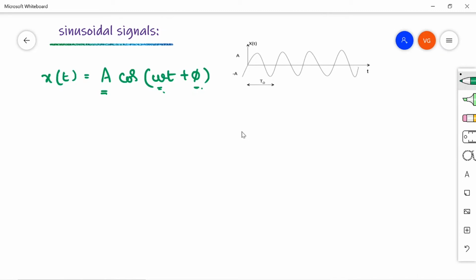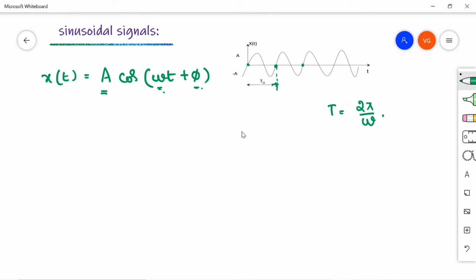So if you observe, this is the sinusoidal signal with a time period of t naught, right? So the time period t or t naught is defined as 2 pi by omega. That is, after this interval of time, again the same signal is repeated. Such type of signals we call it as periodic signals.